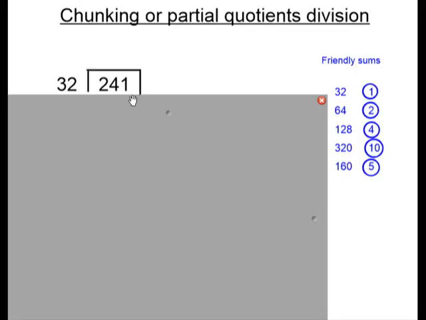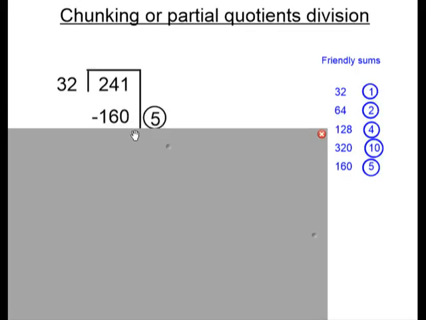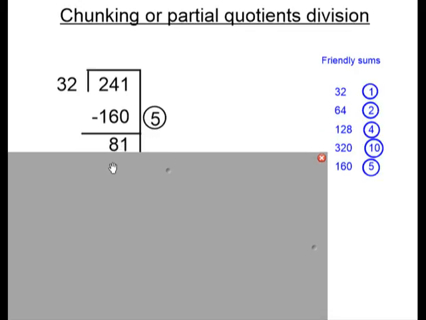So I write 160 beneath my dividend, and I write the 5 here that represents 5 lots next to it in a circle on the outside. Now I subtract 160 from 241 using the column method.